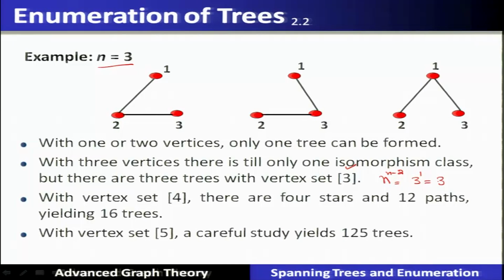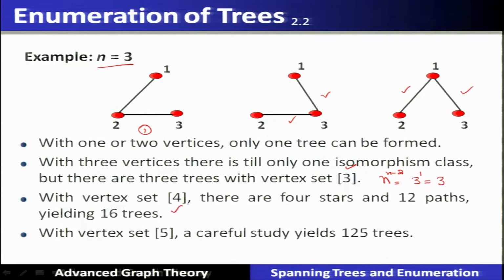One possible tree is when nodes 1 and 2, and 2 and 3 have an edge. In another possibility, 1 and 3, and 2 and 3 have an edge. In the third possibility, 1 and 2, and 1 and 3 have an edge. So, there are only 3 possibilities with labeled trees.